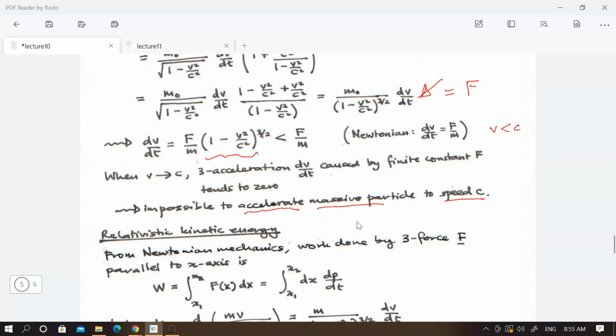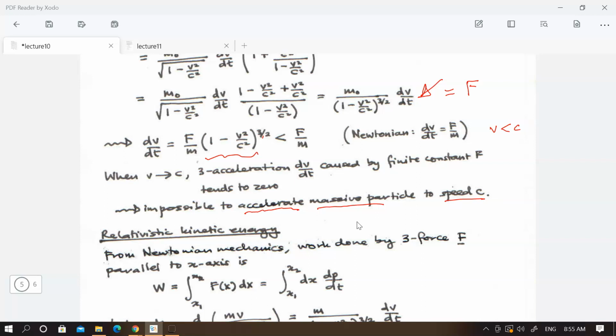That is quite interesting, because you can see, for example, in particle accelerators, they will never accelerate, say, a proton or electron to the speed c, but it can come quite close to c. This has been shown in the labs, in collider experiments, for example.